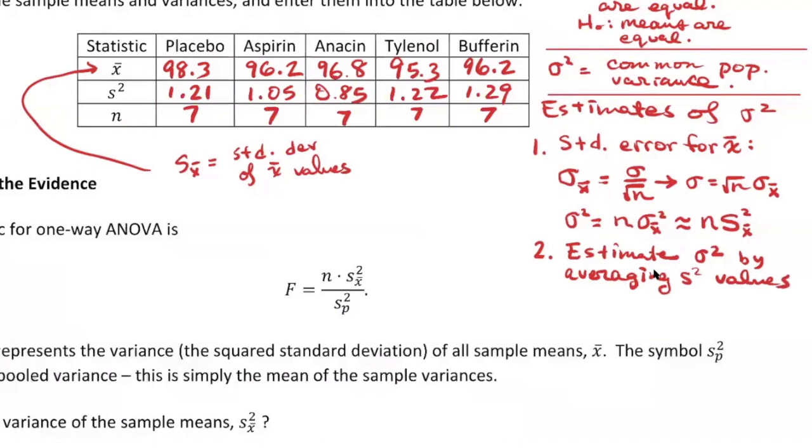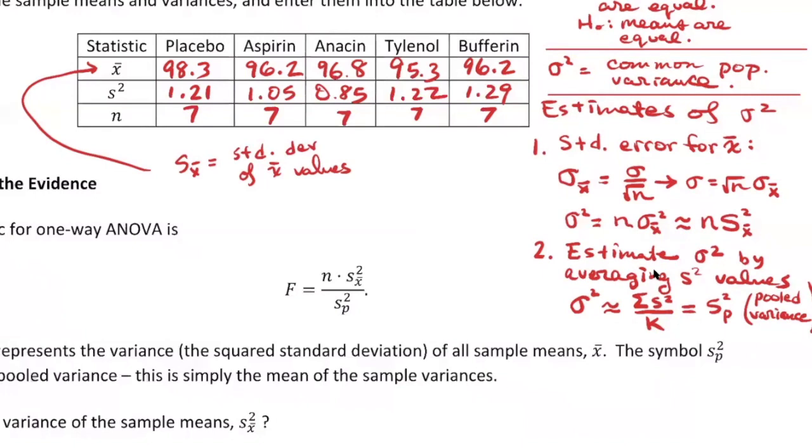So we would call this sigma squared is approximately the sum of the S-square values over the number of them. There are K of them. Remember, there are K samples. Okay, and this is called the pooled variance. So we call this SP squared. Pooled variance. Pooled is just another word for average.